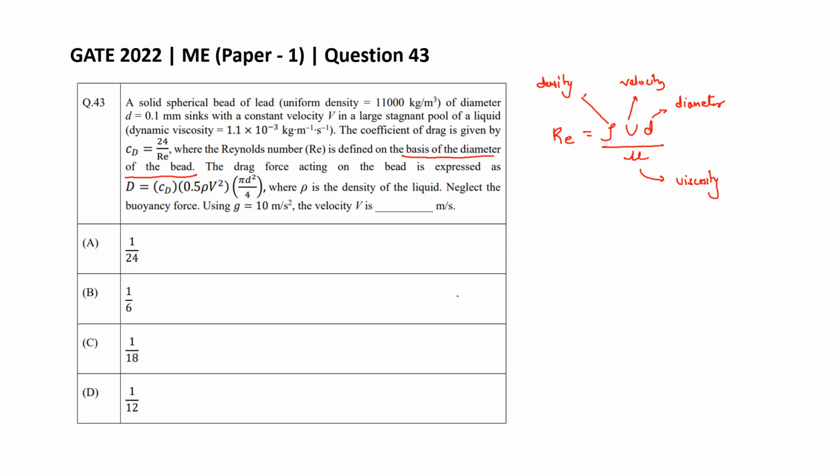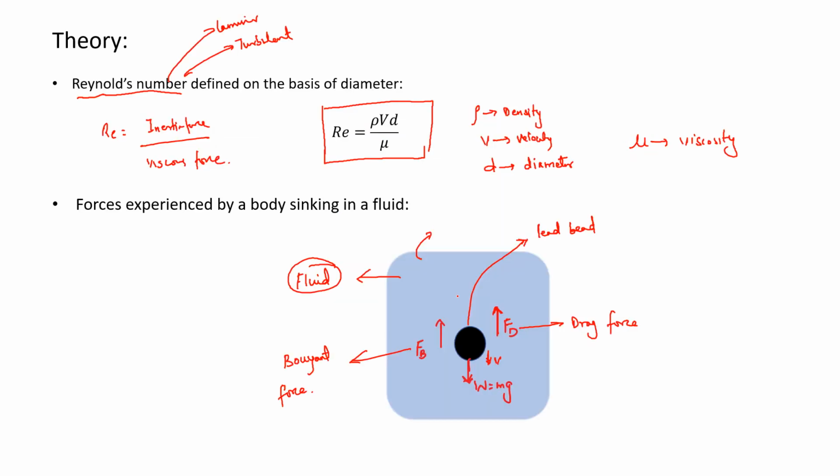Okay, so as I was saying, let's say we have this fluid and some body here. Let's say this is a spherical body which is sinking in this fluid. It will experience a bunch of forces. Let's look at all these forces one by one.